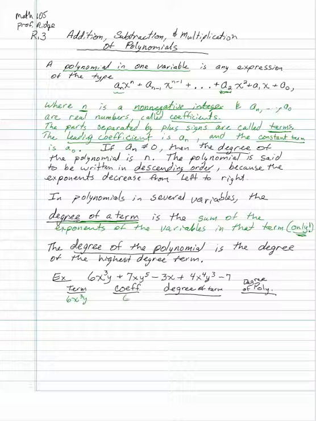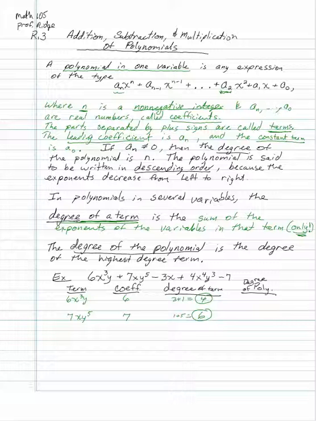The coefficient is just the number 6, and the degree is 3 plus 1, which is 4. The next term is 7xy to the fifth. 7 is the coefficient, and the degree is 1 plus 5, which is 6.